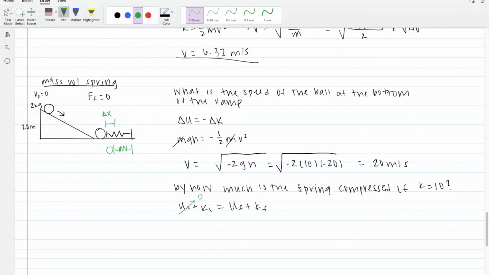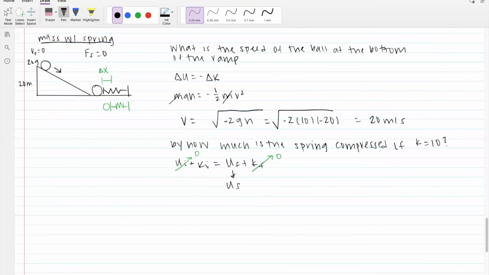And we have only kinetic energy, which we have here, with a velocity of 20 meters per second. Now, when the ball compresses the spring fully, the ball is completely stopped. So its velocity is equal to 0, and the final kinetic energy is also equal to 0. And all the potential energy, this U final, is going to be in the spring.